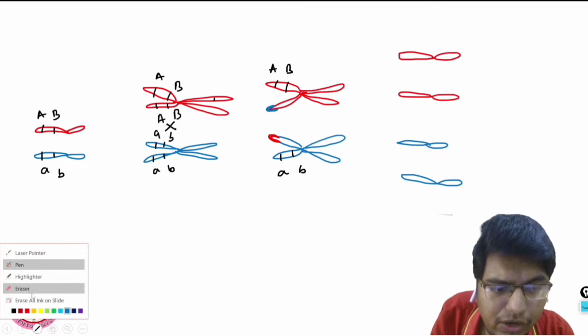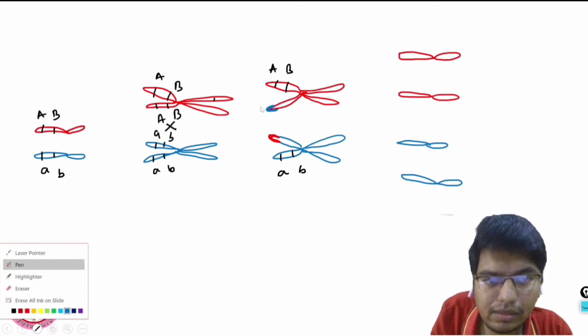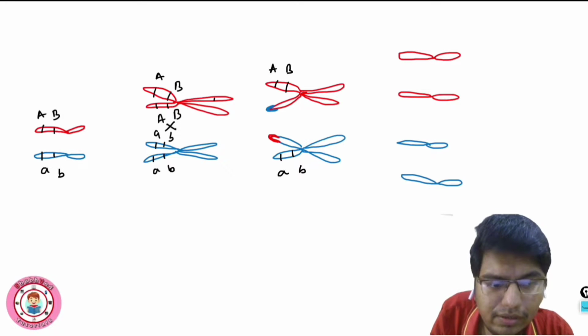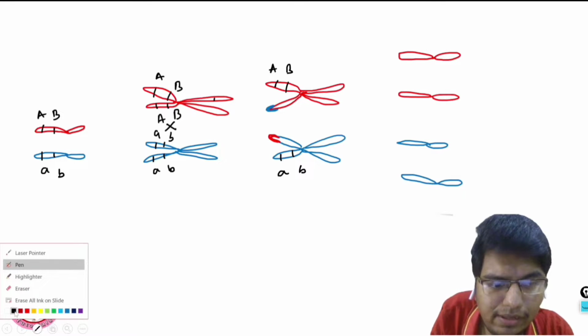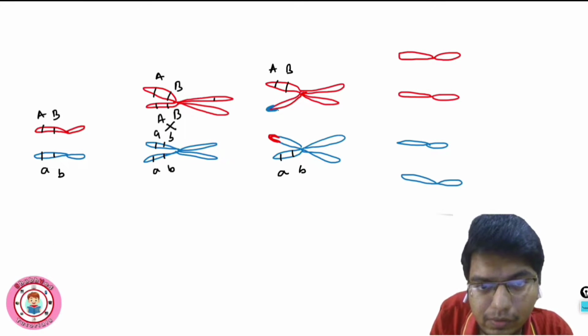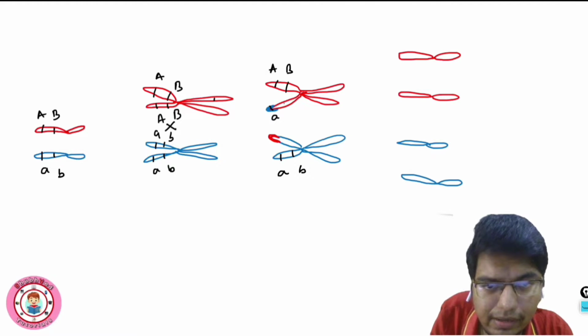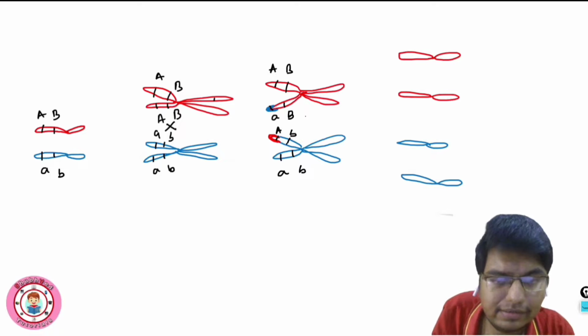So instead of capital A, there will be small a there, and here capital B as it is. Here will be capital A, and here small b as it is.